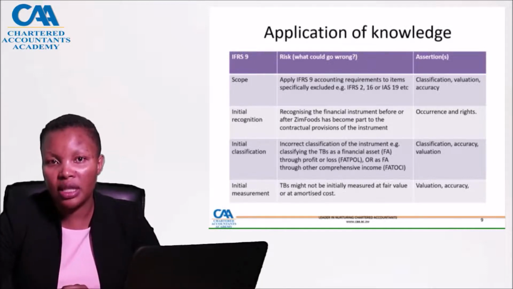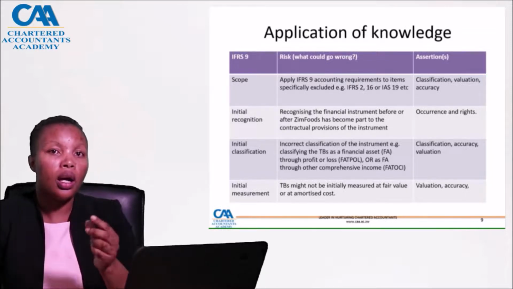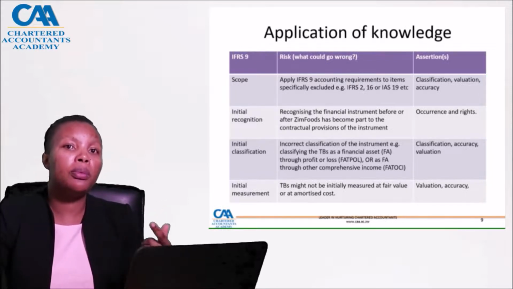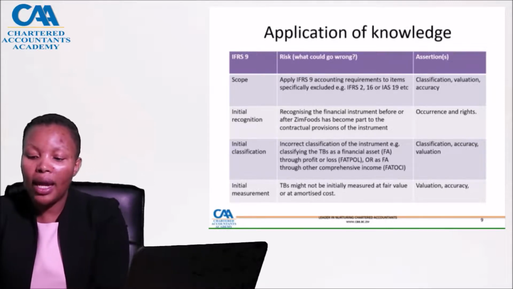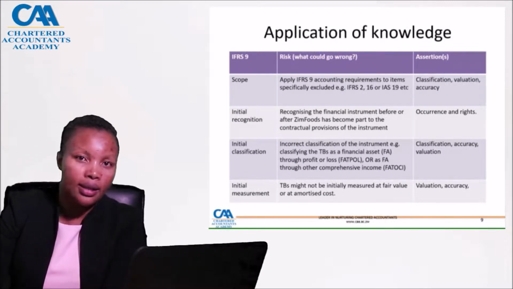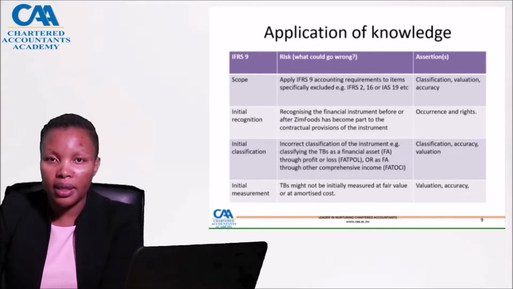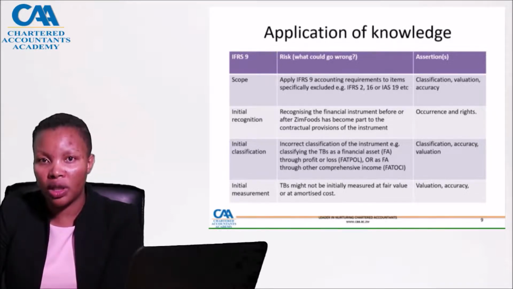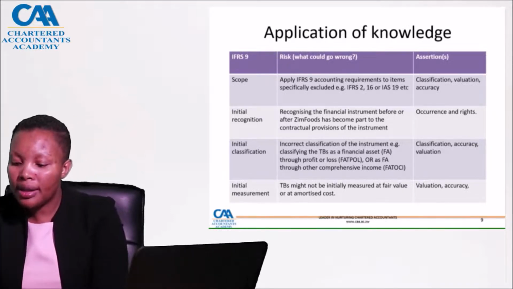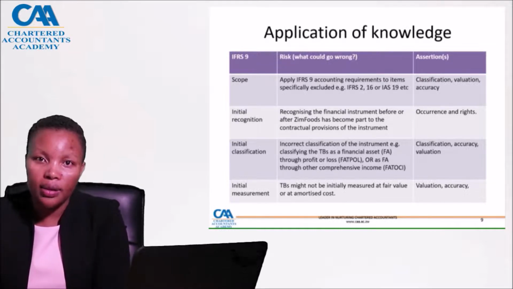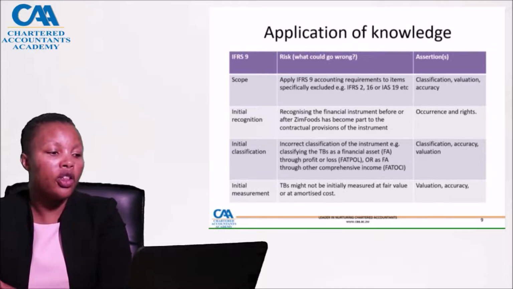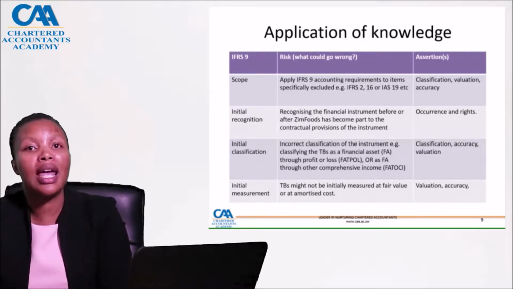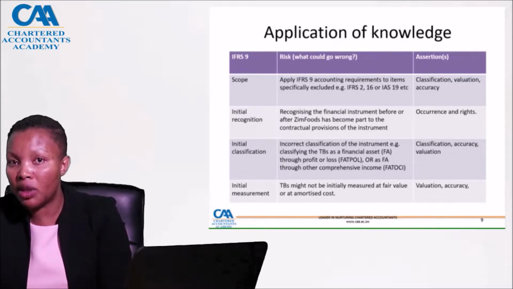Your substantive procedure now, because you're saying what can go wrong, what can go wrong is premature recognition, for example. So we're saying, on what date have they recognized in their financial statements or in their accounting records? And then we say, let's obtain the contract and inspect it for the date on which Zim Foods entered or signed this particular contract or agreement.